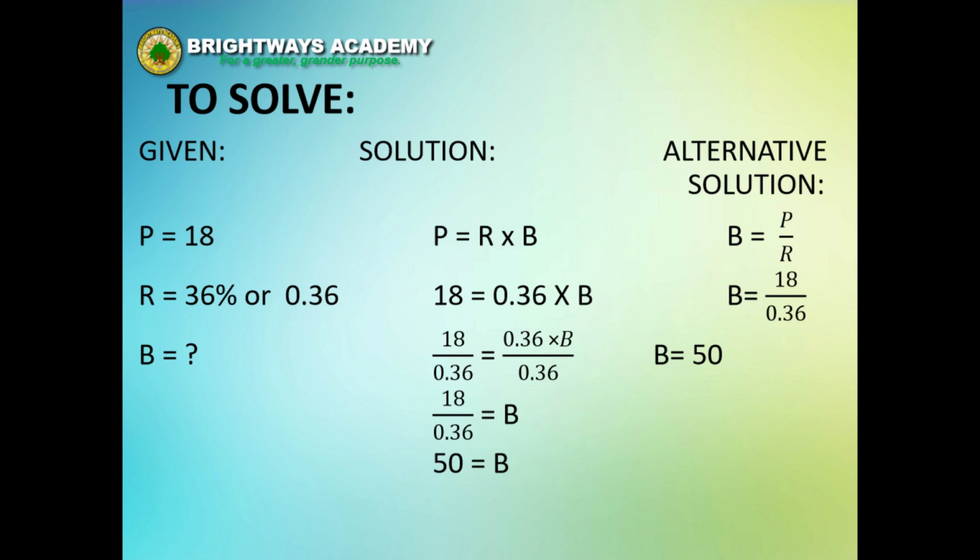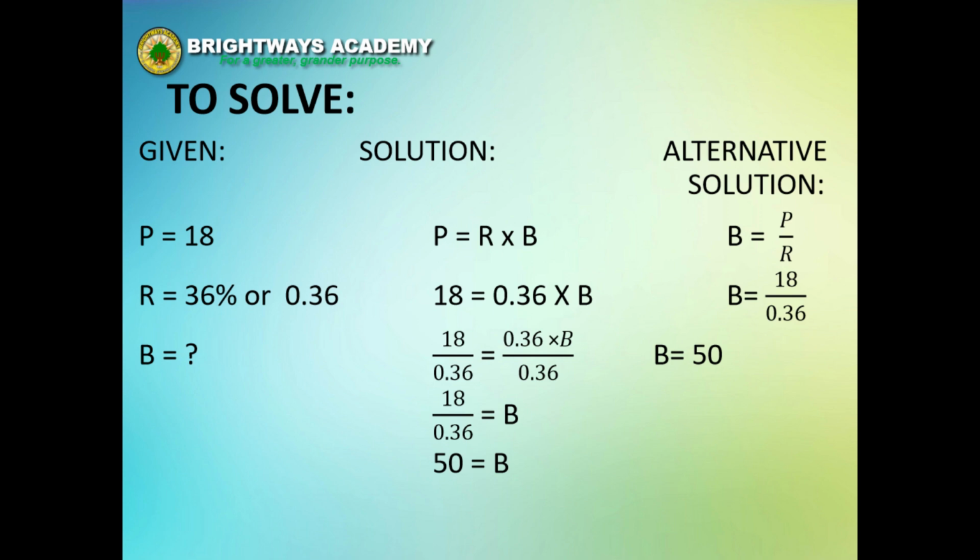So divide both sides by 0.36, and then B is left. 18 divided by 0.36 is equal to B. Then 18 divided by 0.36 is equal to 50, which is the amount of the base.